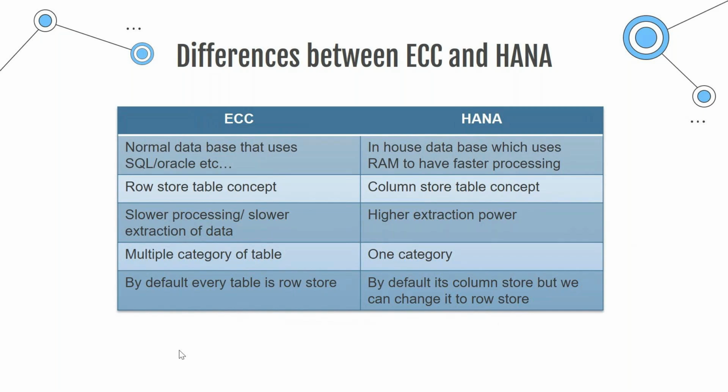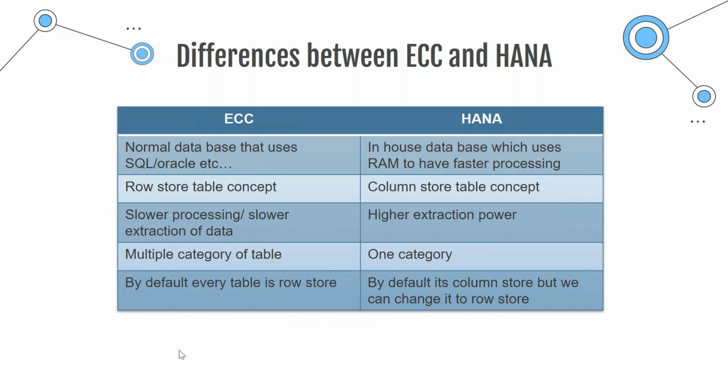So ECC system has row store tables, in a row manner, horizontally, and column store means in a column manner, vertically. Because of the above two reasons, the ECC system has slower processing power. It is not totally slow, but in comparison with HANA systems, ECC is slightly slower, right?